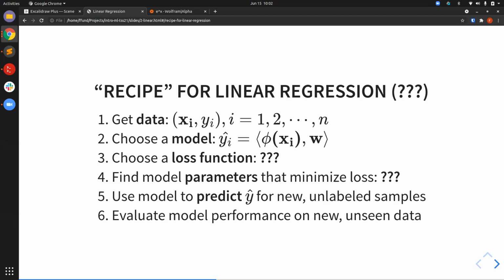To find the weight parameters, we need to choose a loss function, and then define a procedure, which we'll call a training algorithm. The procedure should find the model parameters that minimize the loss function. Once we do that, we'll use those parameters to predict y hat for new unlabeled samples, and then evaluate the model performance.